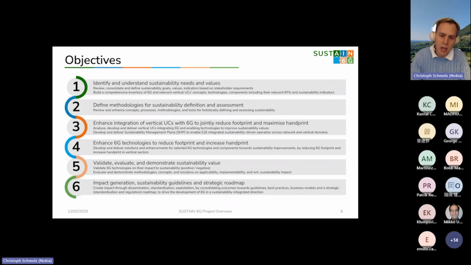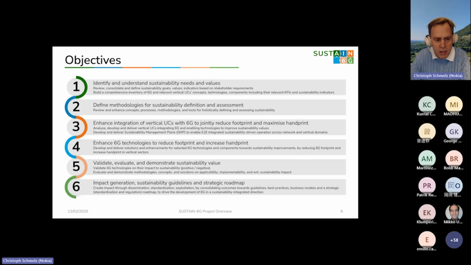Energy, societal, and environmental and economic impact for sure. So the idea behind that is that the results or the insights we get from looking into those vertical scenarios, we can extrapolate them also towards other vertical scenarios.